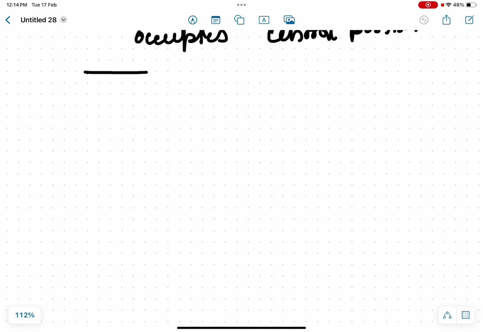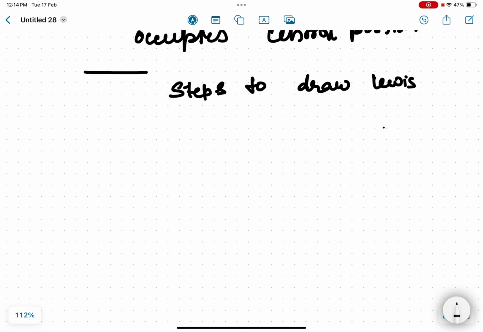Let's figure out the simple steps in which we can draw a Lewis diagram. So let's figure out the steps to draw a Lewis dot structure.